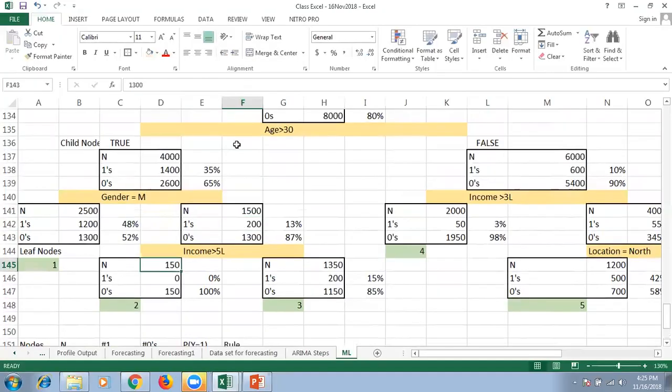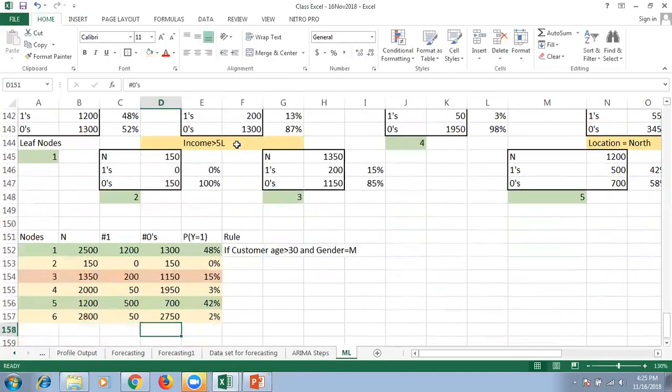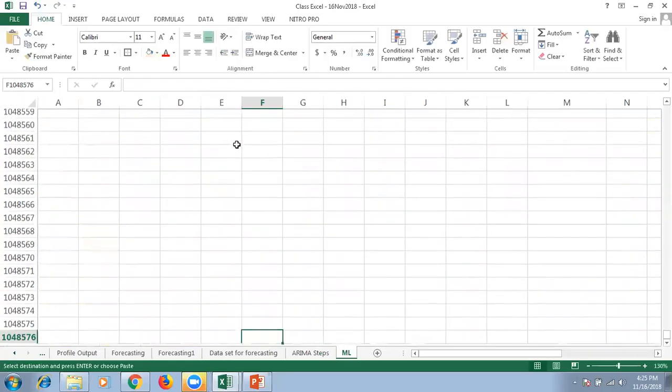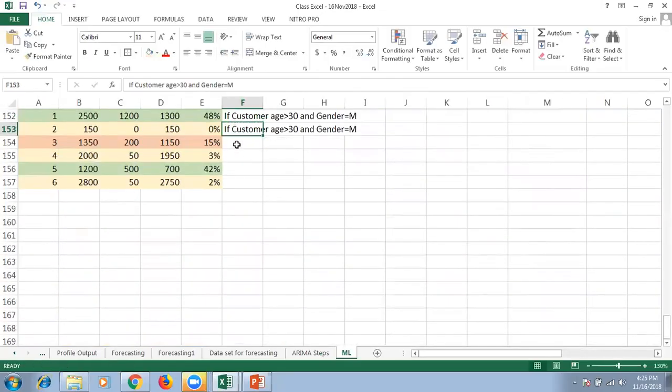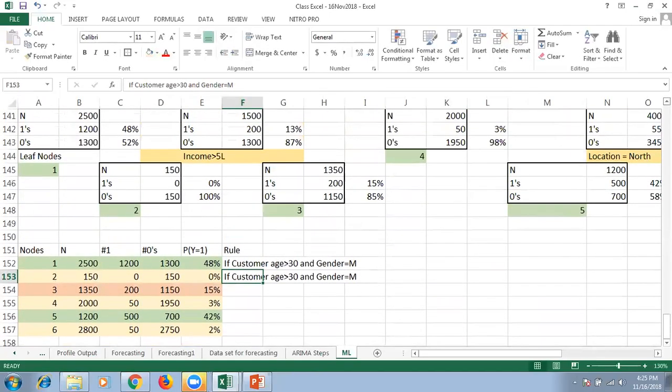Of course, age greater than 30, that is fine. Gender is male or female? Yes, gender is female, so not equal to male. What does that mean? It can be anything, because we don't know. And income greater than 5 lakhs.